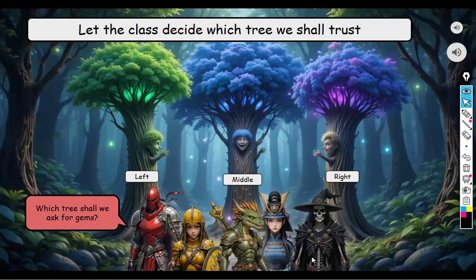For some reason, it's not allowing me to. Oh, I have to close the other one. That's not right. Sorry. All right, vote, guys. Choose one. It's either the left, middle, or right.